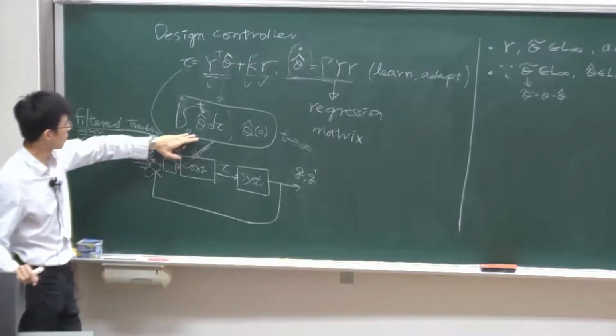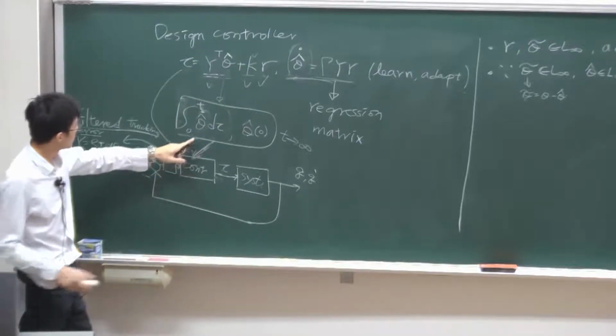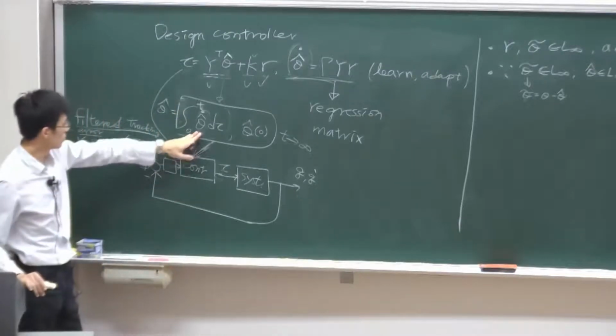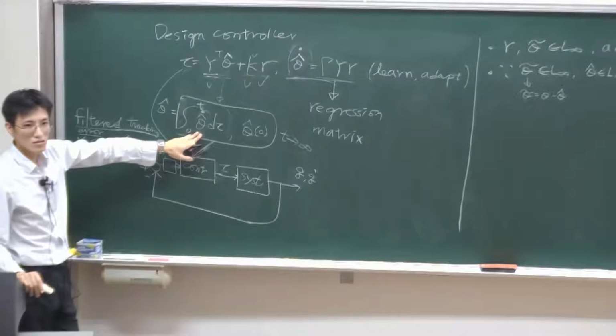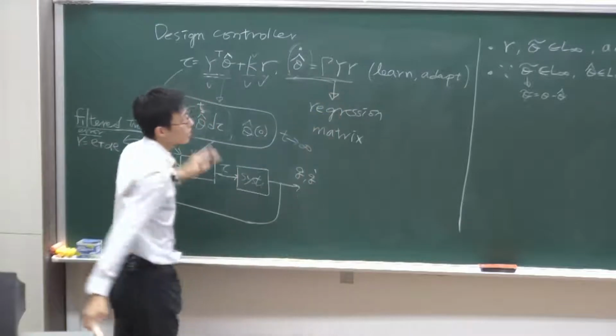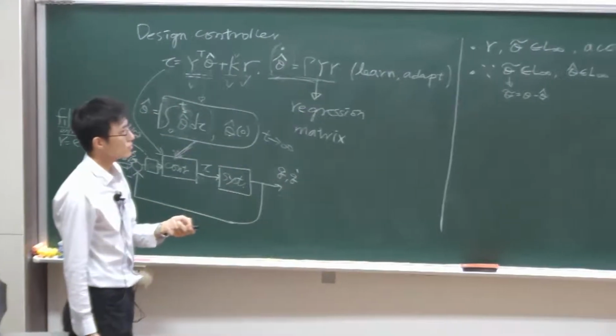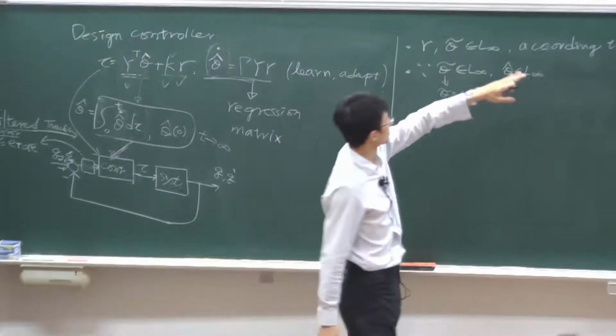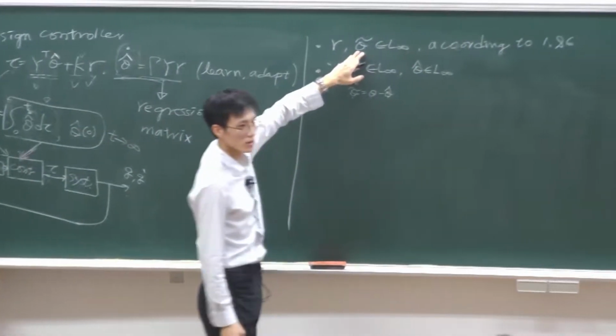It's hard to tell from here whether theta hat will be bounded, because you're doing integration here of some time-variant signals. But using the Lyapunov function approach, we say based on 1 and 6, both signals will be bounded.